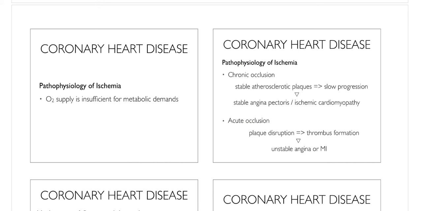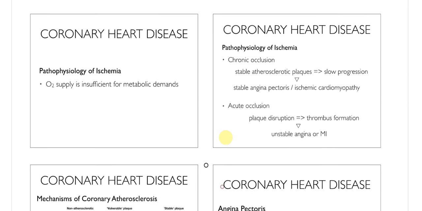Chronic occlusions are going to be those stable atherosclerotic plaques, which come from a slow progression and lead to stable angina pectoris, or ischemic cardiomyopathy. Acute occlusion comes from some form of plaque disruption, which leads to a thrombus formation, or realistically more often an emboli formation, leading to unstable angina or MI. This will make sense on the next page.